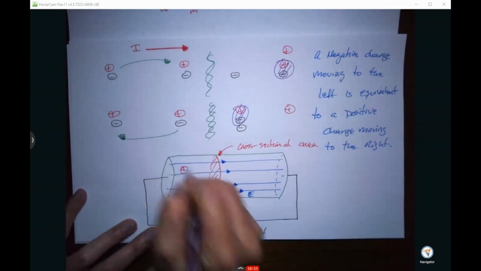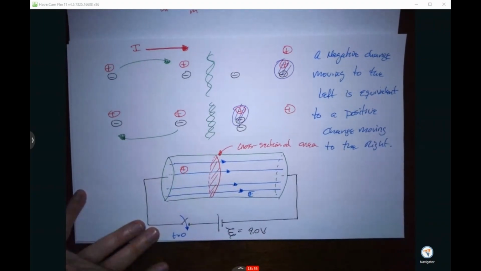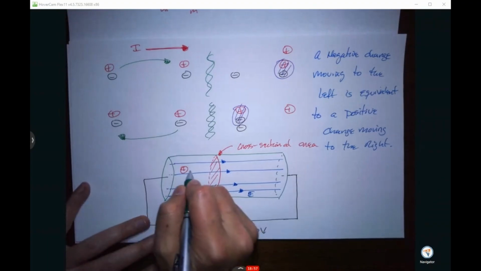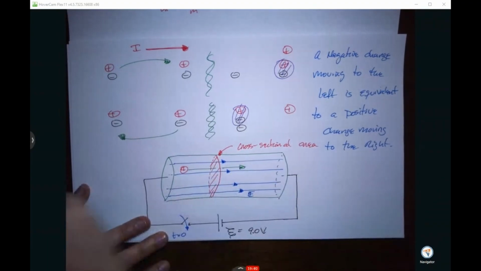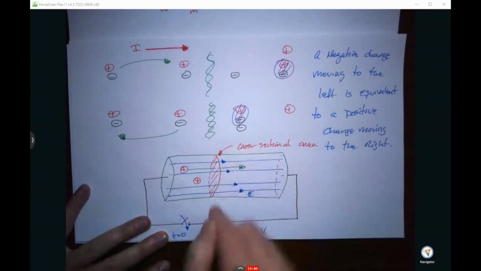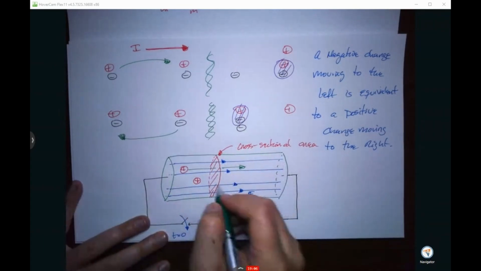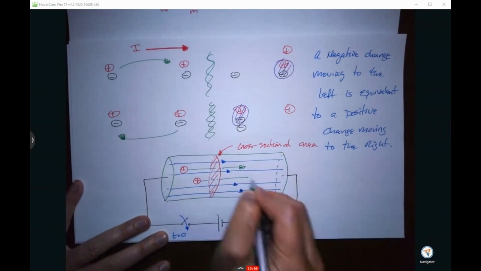And we're going to have these positive charges move through this surface, and therefore count as the amount of charge that has gone past this point in a given amount of time, which is going to constitute a current.